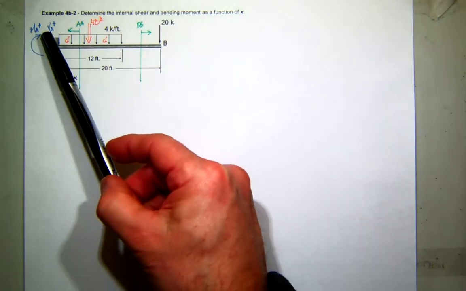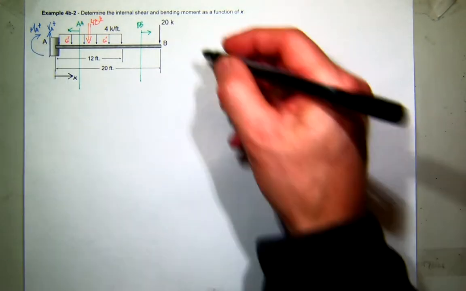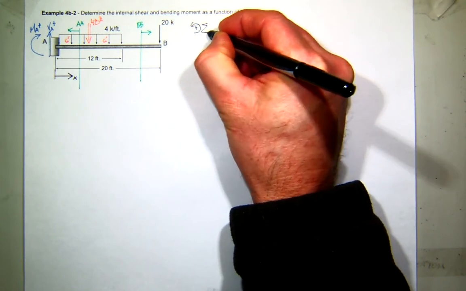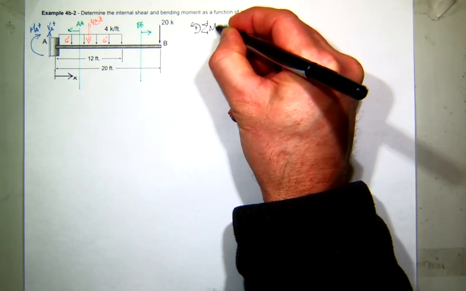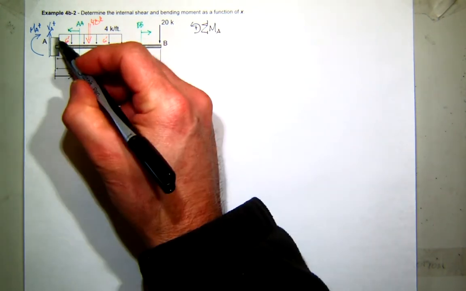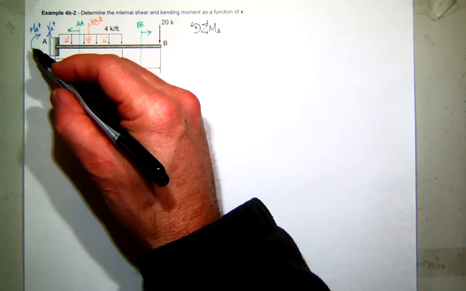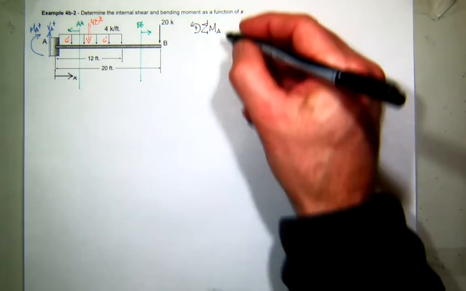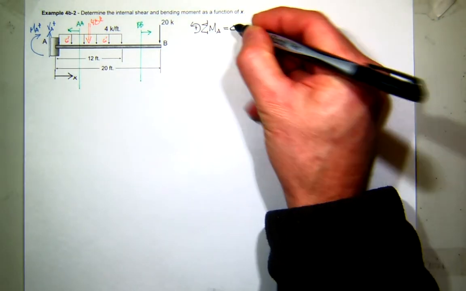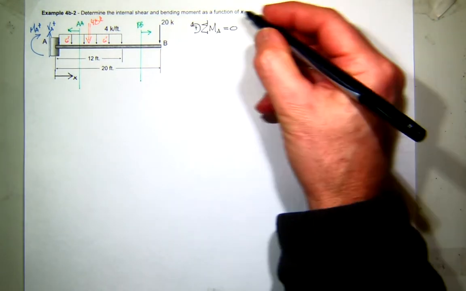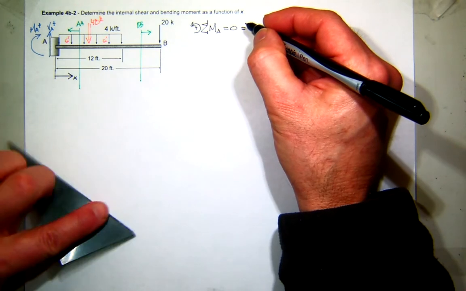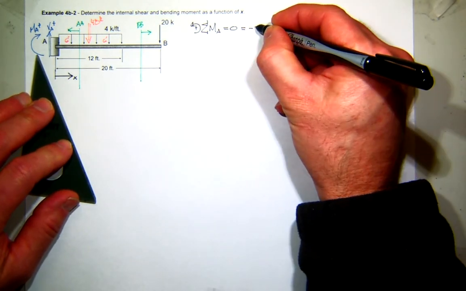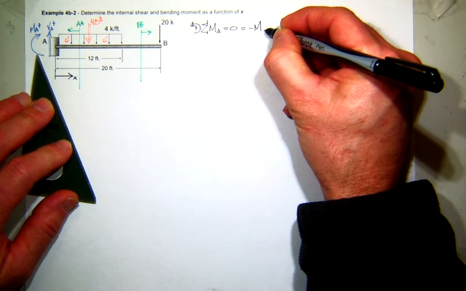So I'm going to find my reactions first. We'll sum moments about A. That'll eliminate the shear force at A, and I'll be able to find the bending moment at A in terms of the applied forces. I'm going to assume right-hand rule for my sign convention. Starting here on the left side, my moment is negative, a negative moment, not a bending moment.